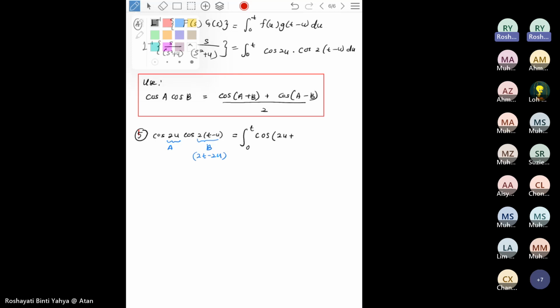So plus 2T minus 2U. Okay, careful. Plus cos A is 2U minus B. Minus B. Okay, don't miss the bracket because of this minus sign. So 2T minus 2U over 2.